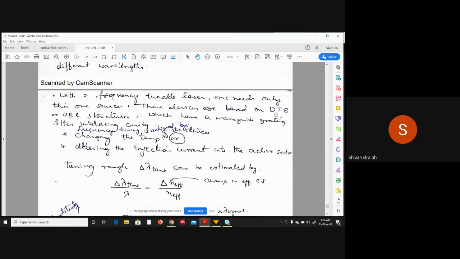They are popular devices, named DFB, distributed feedback laser devices, as well as DBR, which stands for distributed Bragg reflecting laser sources. These are frequency tunable devices, so that we can achieve multiple wavelengths coming out of either a DFB laser or a DBR laser. Is that clear?